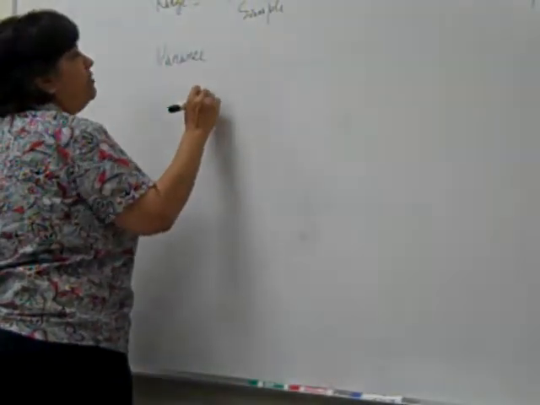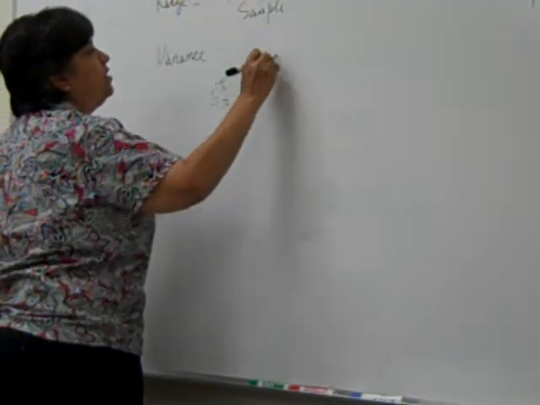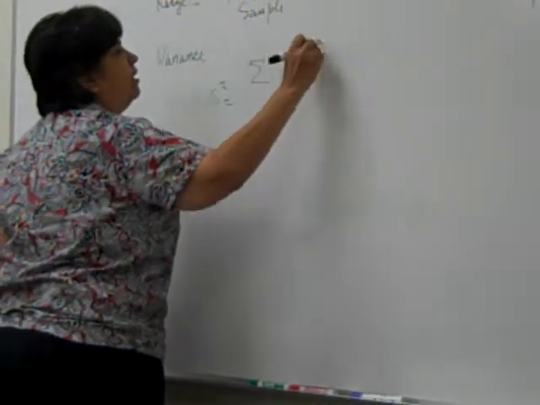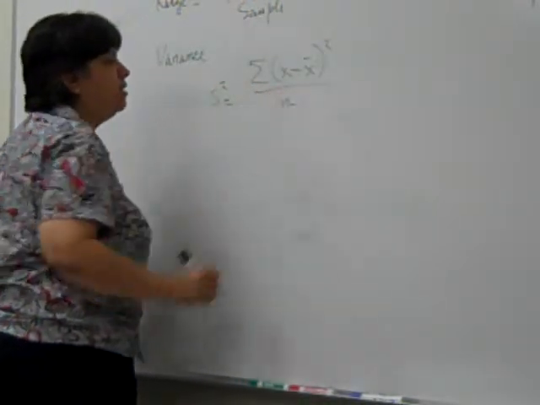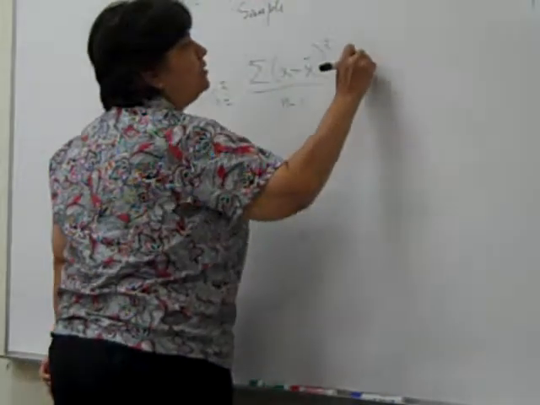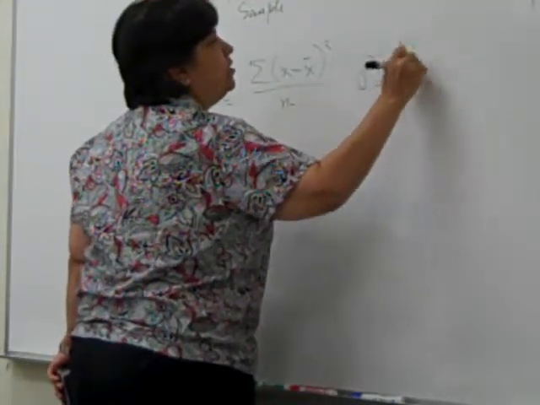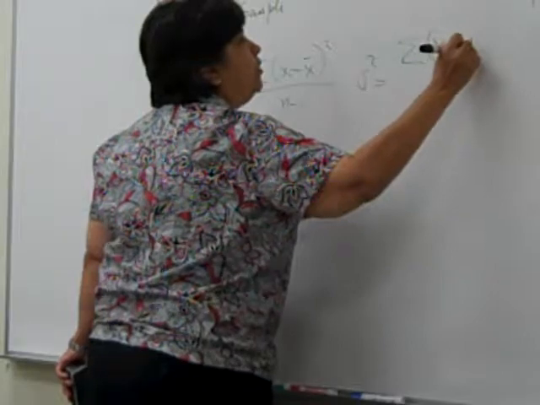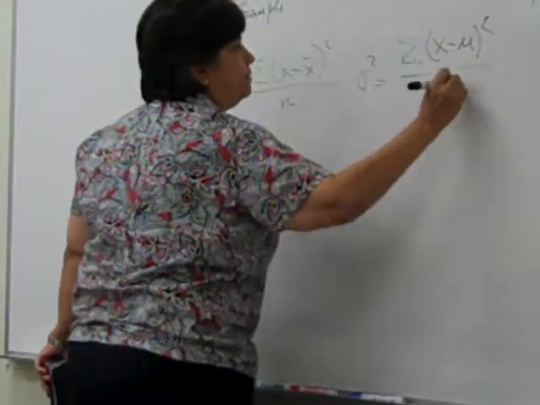For the sample, you have s squared is equal to the summation of (x minus x bar) squared divided by n minus 1. For the population, you have sigma squared is equal to the summation of (x minus mu) squared divided by n.